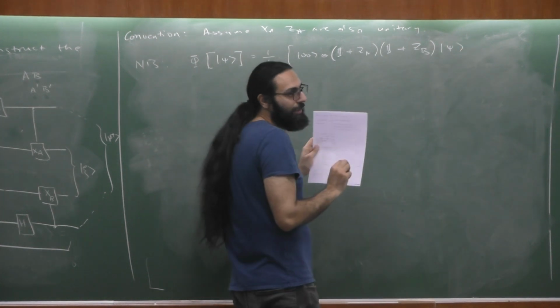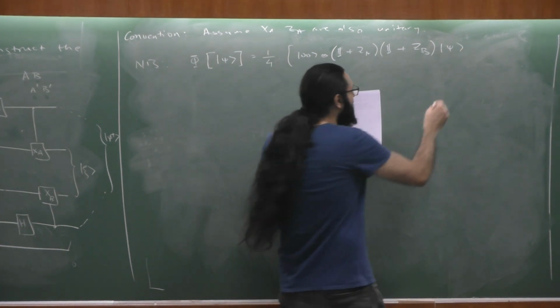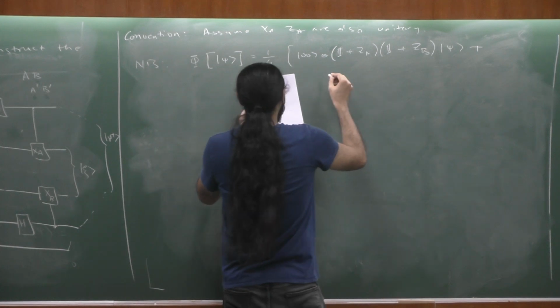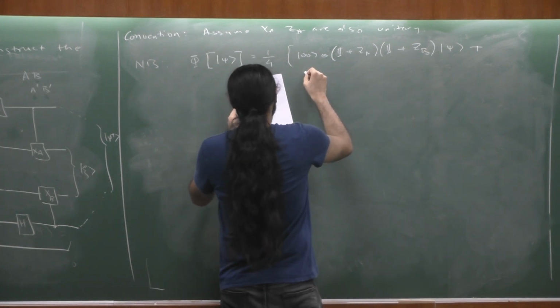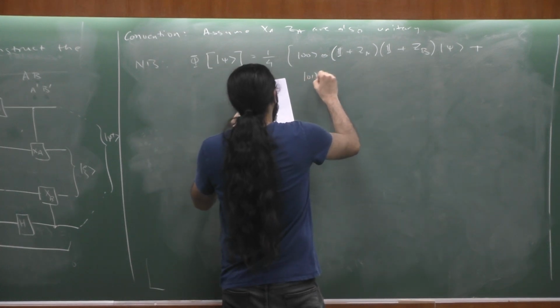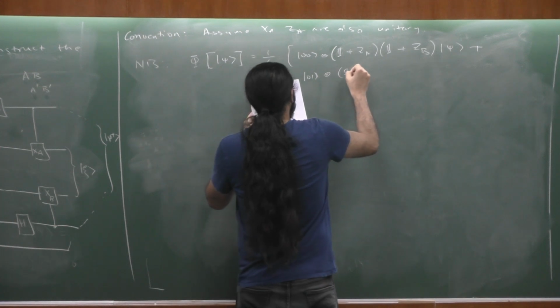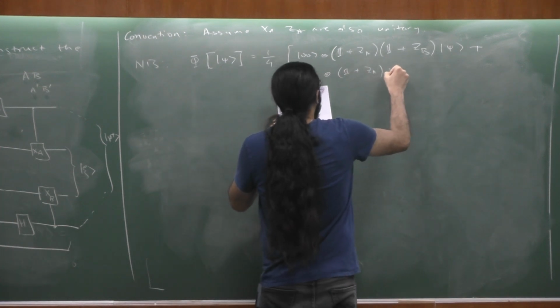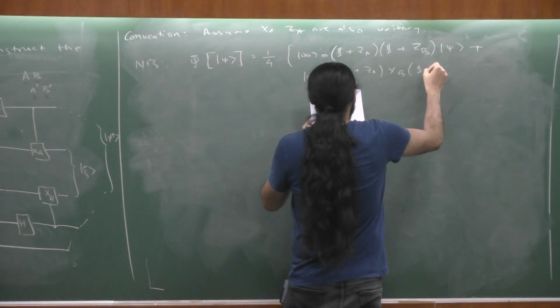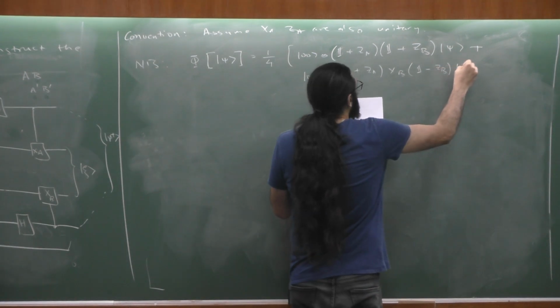This part is a little bit algebraic, so you have to be patient and follow along, otherwise it will be very boring. Then |0,1> tensor (identity plus Z_A) X_B (identity minus Z_B) psi.